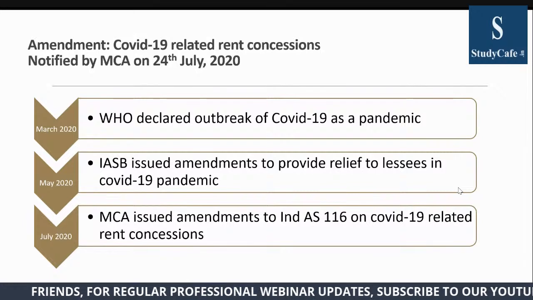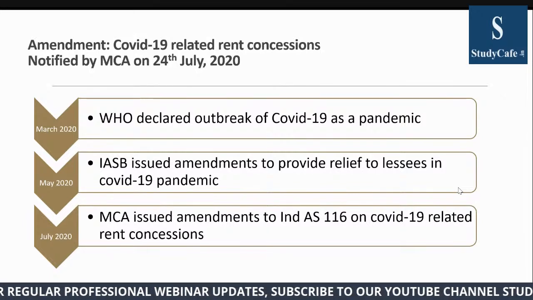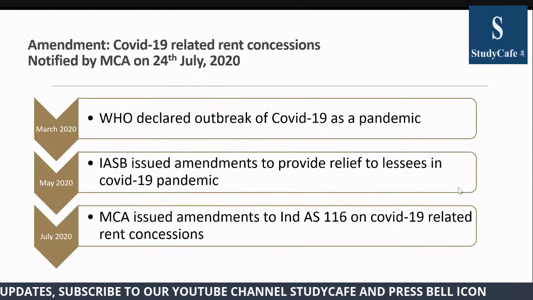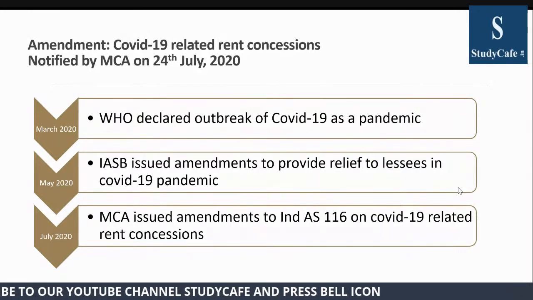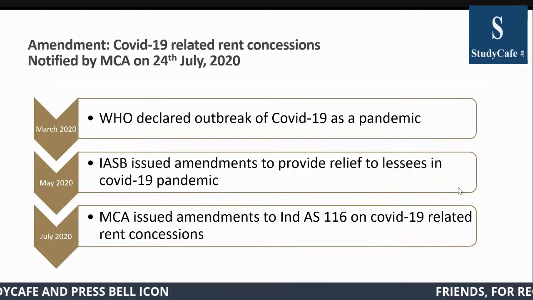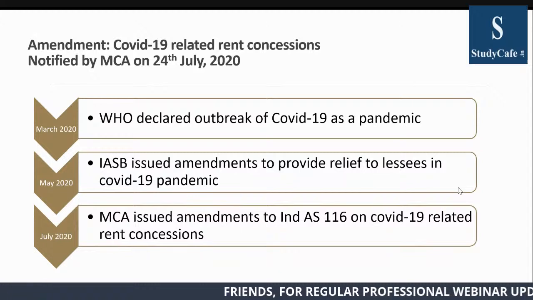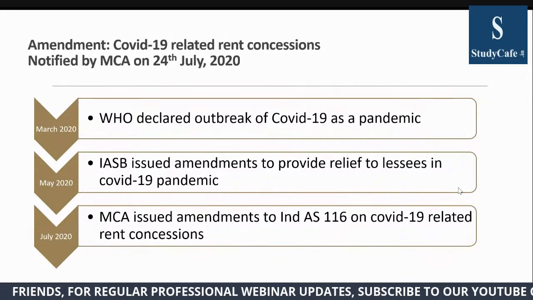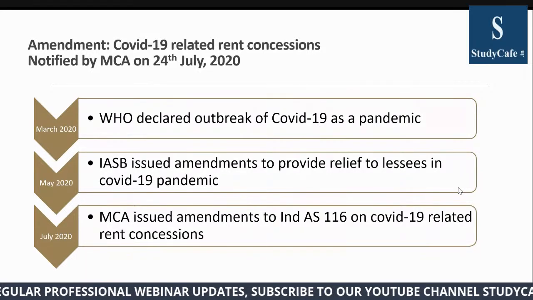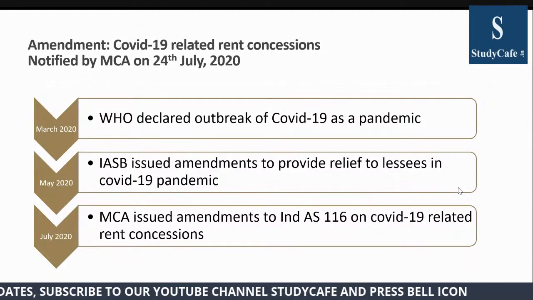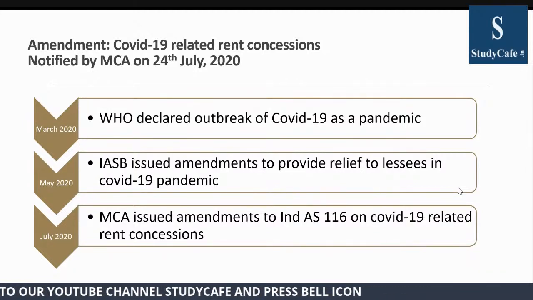So, what happened was in March, as we all know, COVID 19 was declared a pandemic, right? And since Ind AS 116 is converged from IFRS 16, which is issued by IASB, whatever amendments IASB brings, we in India amend our standards to align with the IFRS, the International Accounting Standards.